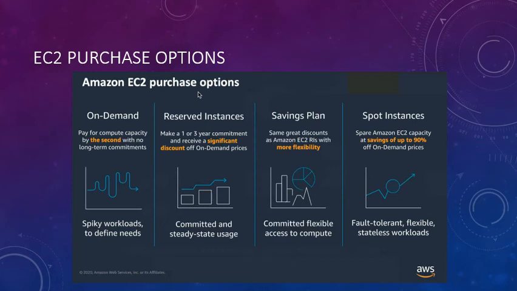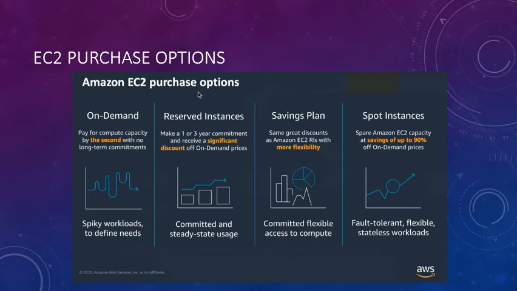At 3 a.m., very few people are using Amazon EC2 instances in the Northeast America region. So you can save up to 90% on your AWS virtual machine costs, EC2 costs. So that's a really nice option. Now, just to know, some people use these options like spot instances for load balancing.